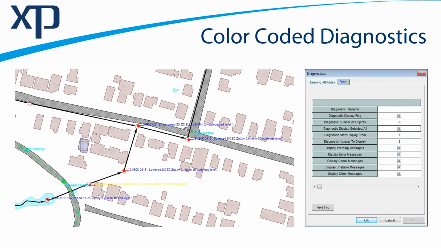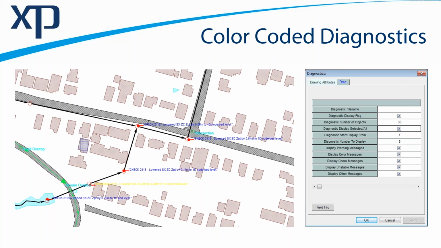What we've done to the program for 2016 is we've allowed you to toggle on or off the various types of messages, such as error messages or warning messages, and they each have their own unique color. I've seen cases where there have been hundreds of messages on the screen.